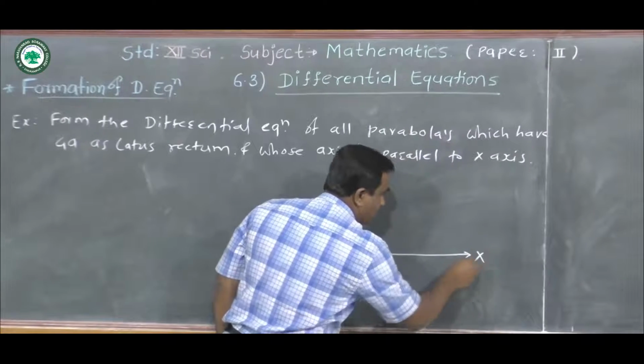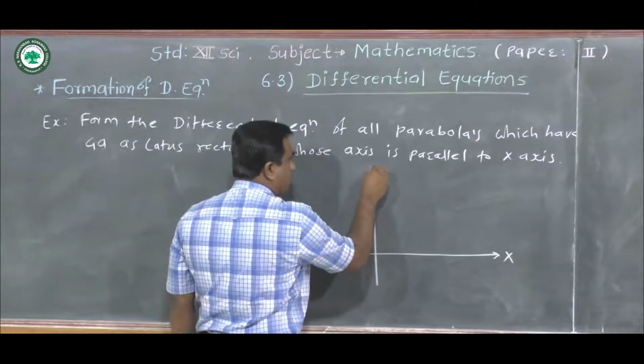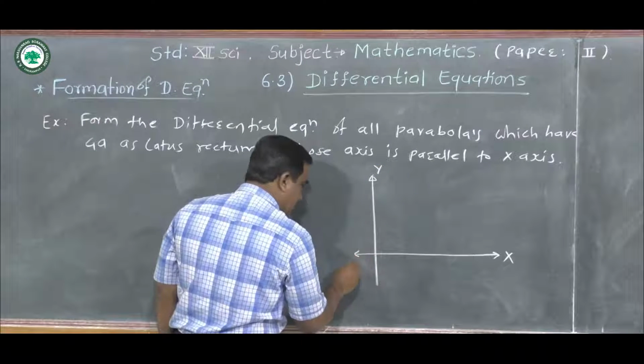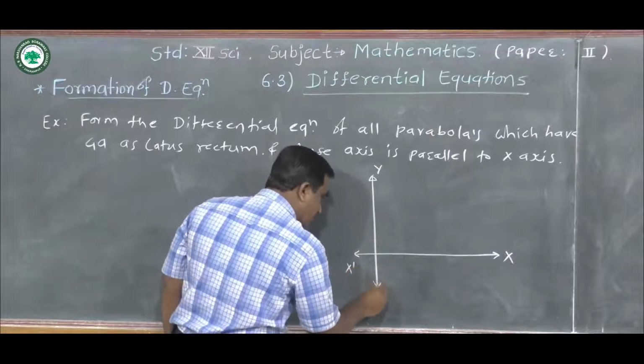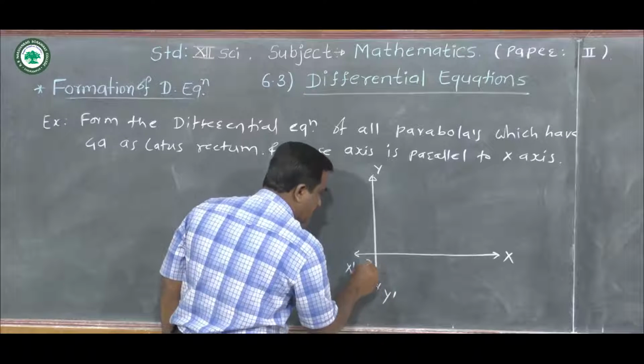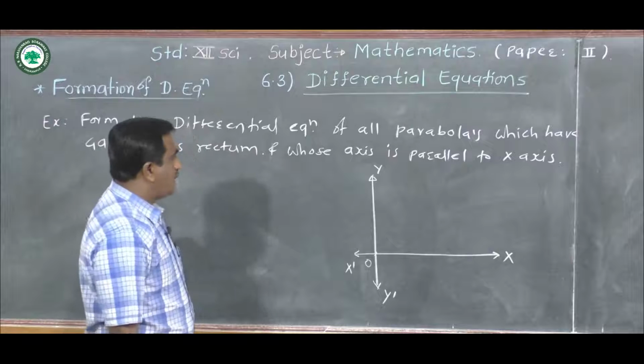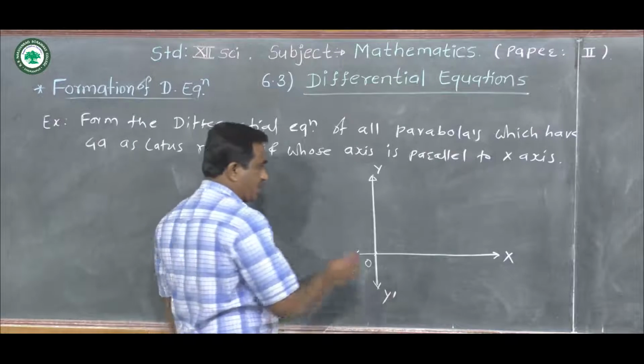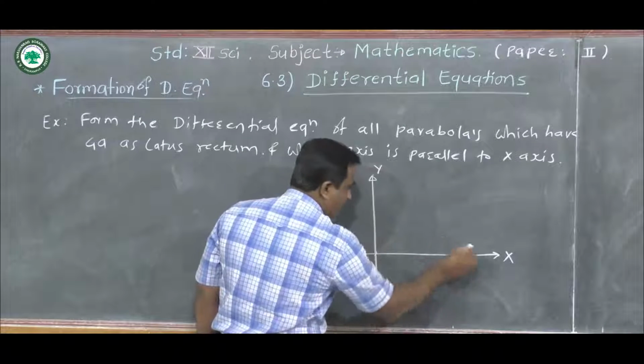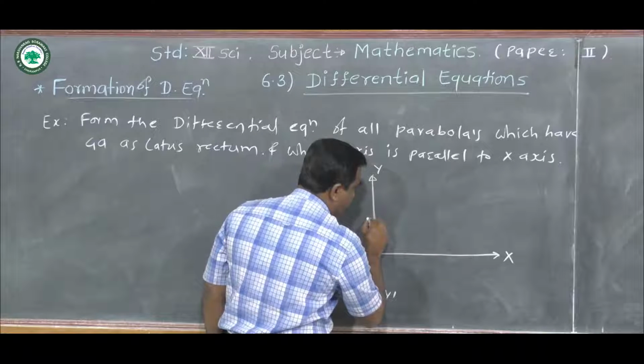This is the x-axis, this is y-axis, x dash negative x-axis, y dash negative y-axis. This is origin point O. Now the line is parallel to the x-axis. Therefore we can draw a line parallel to x-axis like this.